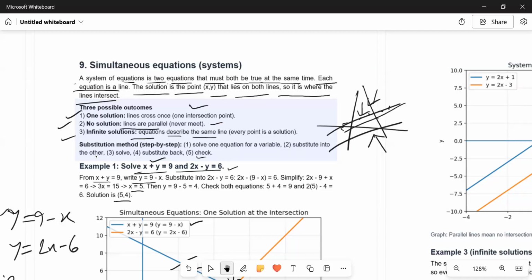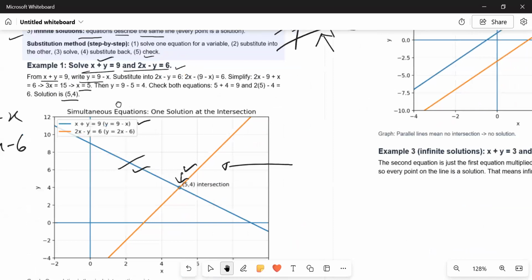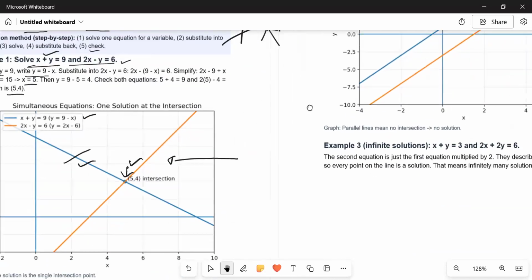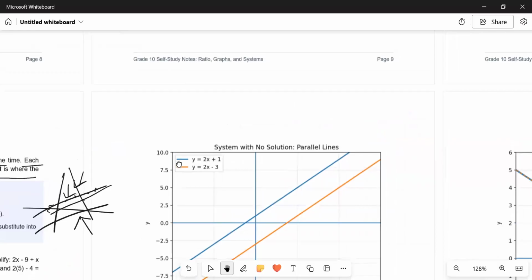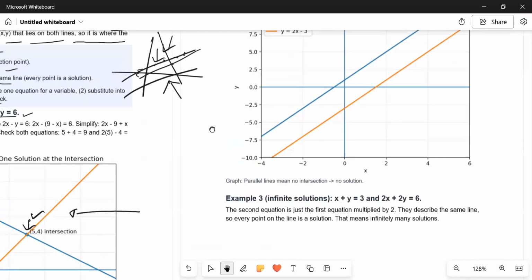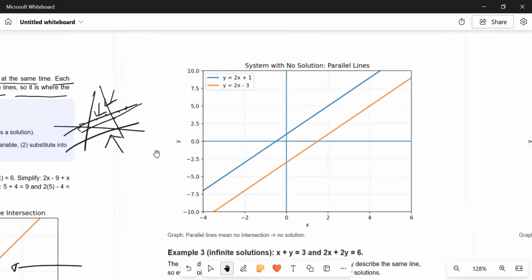Now, some examples are given. We know these are two parallel lines because the slopes are the same.